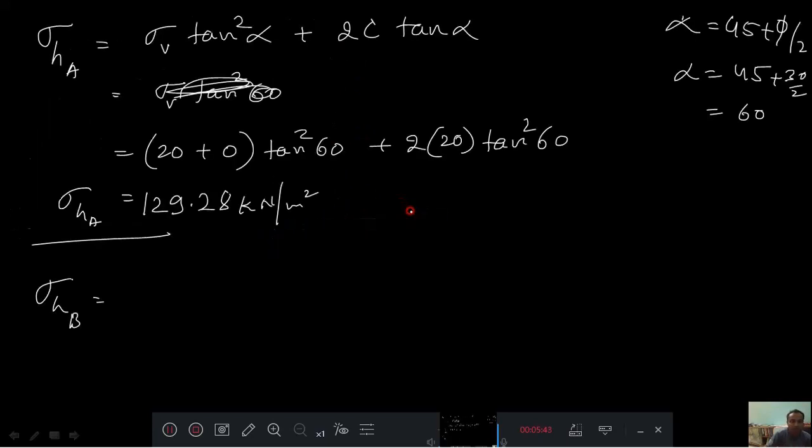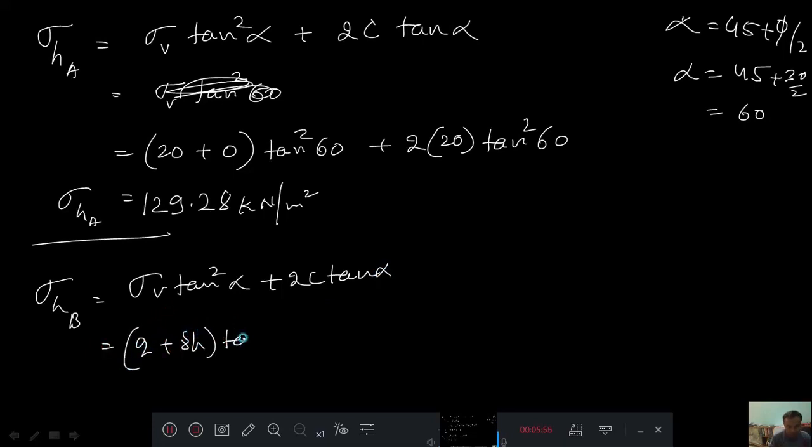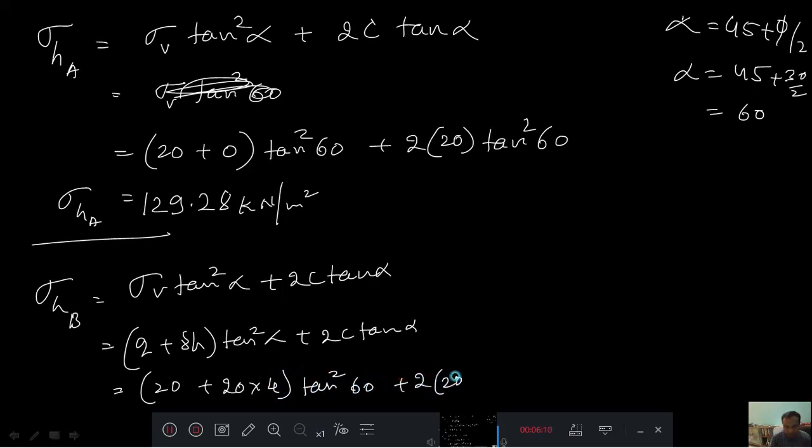At the bottom I want to calculate, therefore that is sigma v tan square alpha plus 2c tan alpha. That is sigma v at bottom, q is also there plus gamma h, and tan square alpha plus 2c tan alpha. That is q is 20 plus gamma is 20, height is 4, then tan square 60 plus 2 into 20 into tan 60.